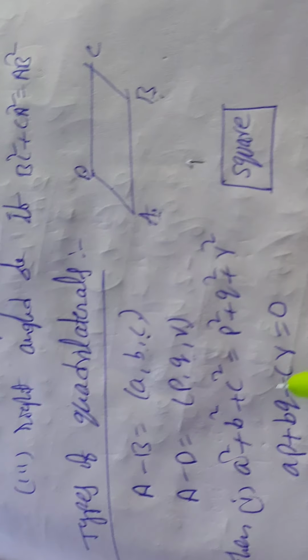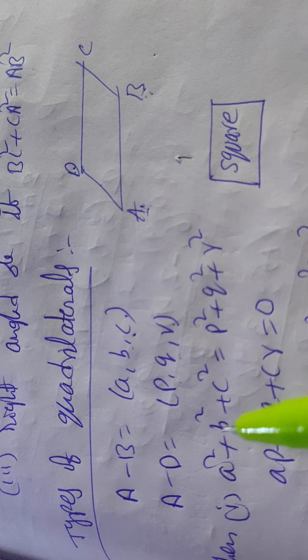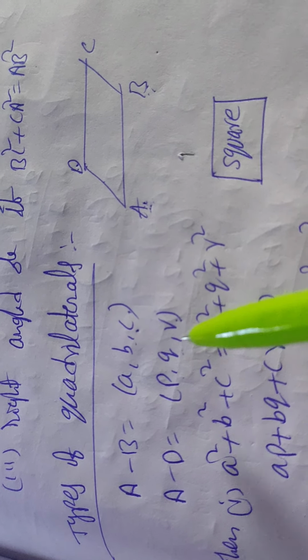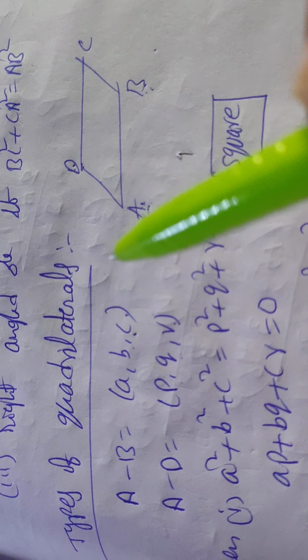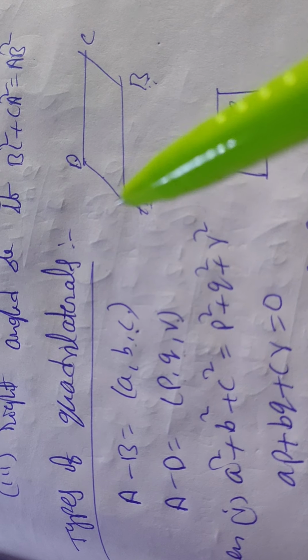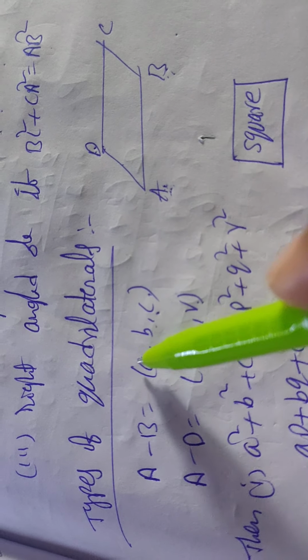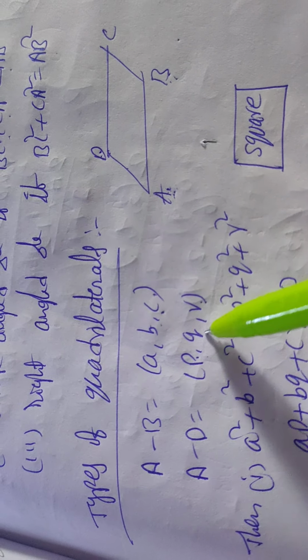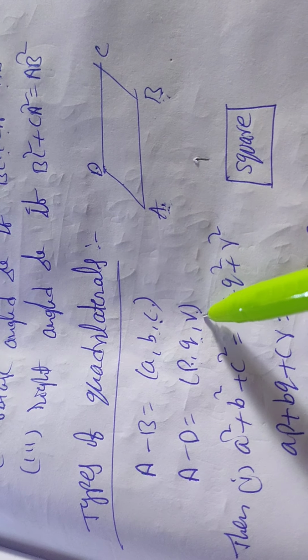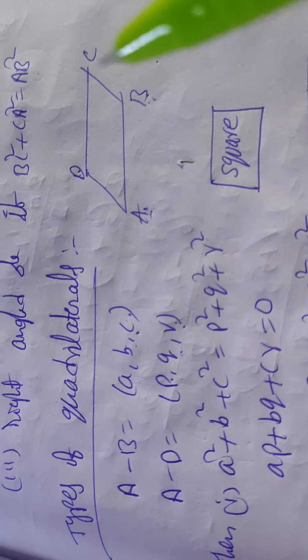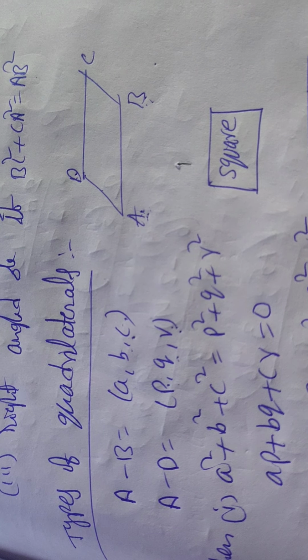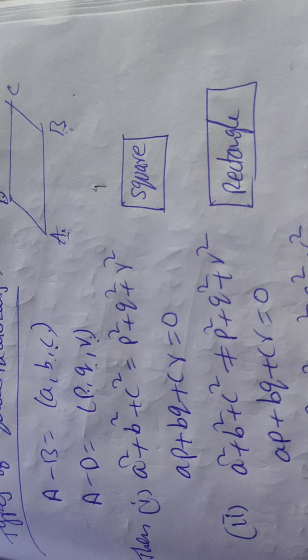In this quadrilateral, all adjacent sides are equal. If a into p plus b into q plus c into r is equal to 0, then the angle between adjacent sides is equal to 90 degrees.